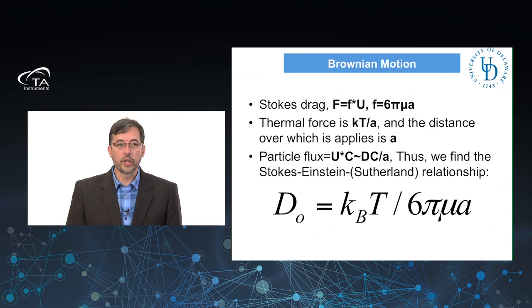As you see in the equation at the bottom, the Stokes-Einstein-Sutherland relationship, the diffusion coefficient is kT divided by 6 times pi times the viscosity of the solvent and the particle size. So when you have very small particles, you can get a fairly large diffusion coefficient.